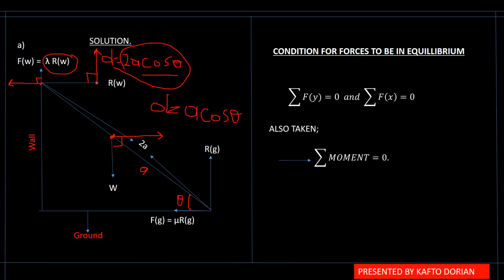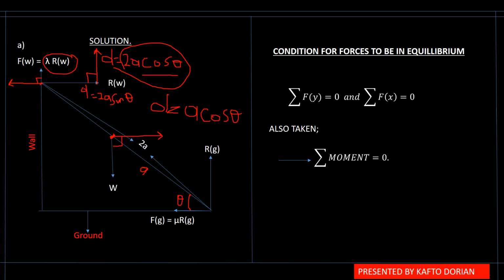So the distance here will be equal to what? The distance between that point to the ground, 2a, times sine theta. Okay. And then now to add the moment about this point, I simply multiply the force and the perpendicular distance.